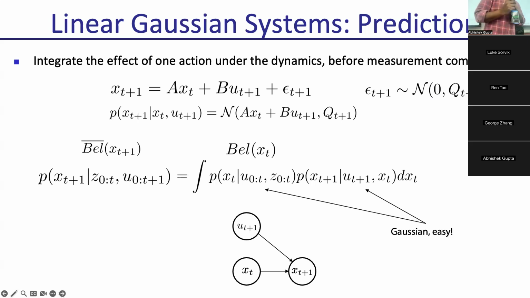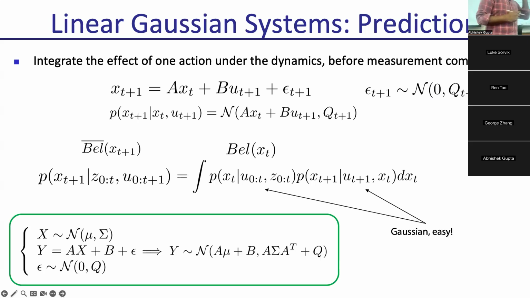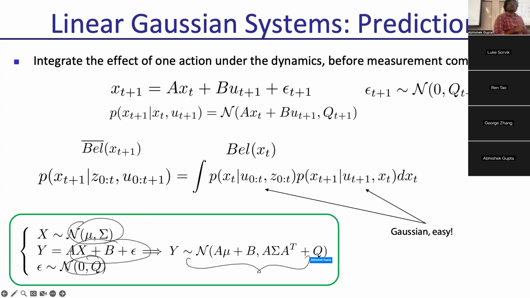Our identity says that if x is from a Gaussian, and y is a linear function of that Gaussian plus epsilon, where epsilon is again a Gaussian, then the distribution of y is this thing. So now we know belief, and we're trying to get belief bar.